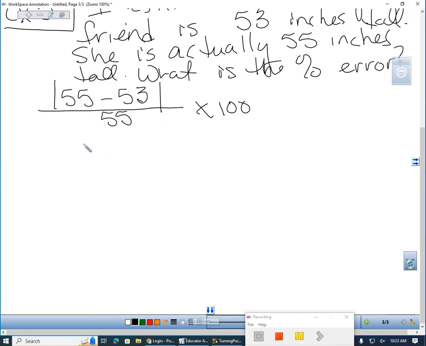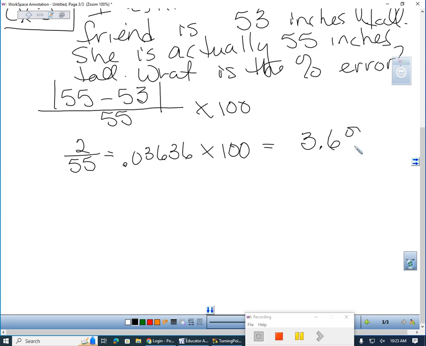So 55 minus 53 is 2 over 55 equals 0.03636 times by 100, and I get 3.6%. Everybody agree? Okay. Any questions on that? Do we need another example? No, because it's a percent error. It's just how much you're off from what you should have been.